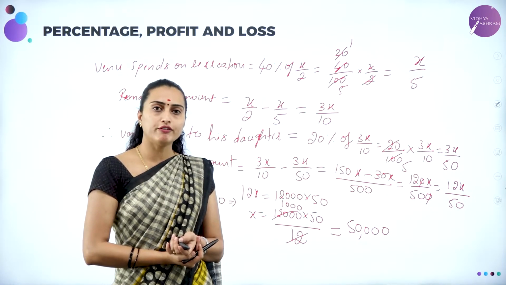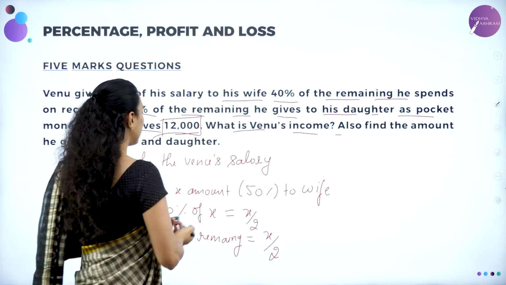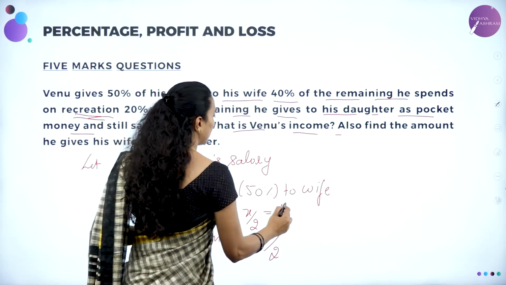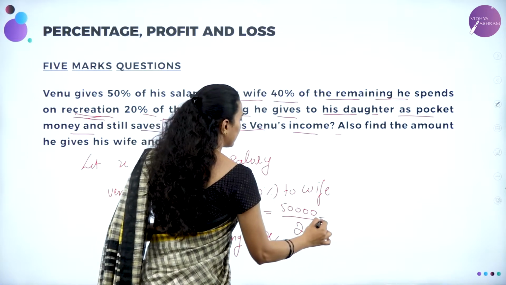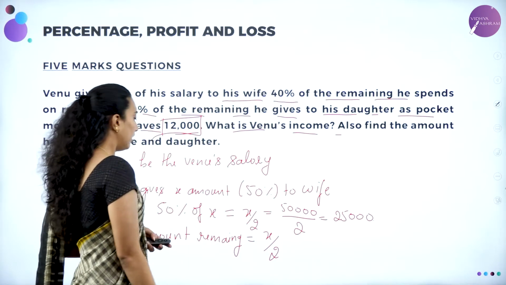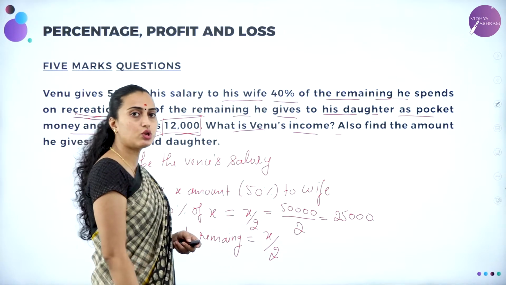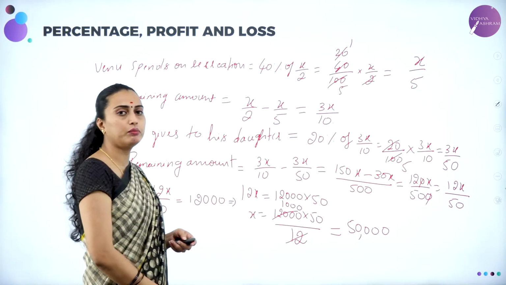So to his wife he is going to give how much? 25,000, because his wife's share is x by 2, 50,000 divided by 2, which is 25,000, right? And the amount he gives to his daughter is what we calculated, 3x divided by 50.